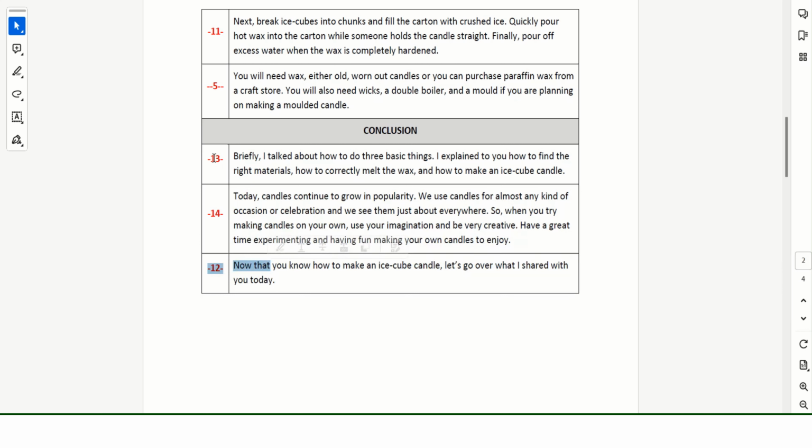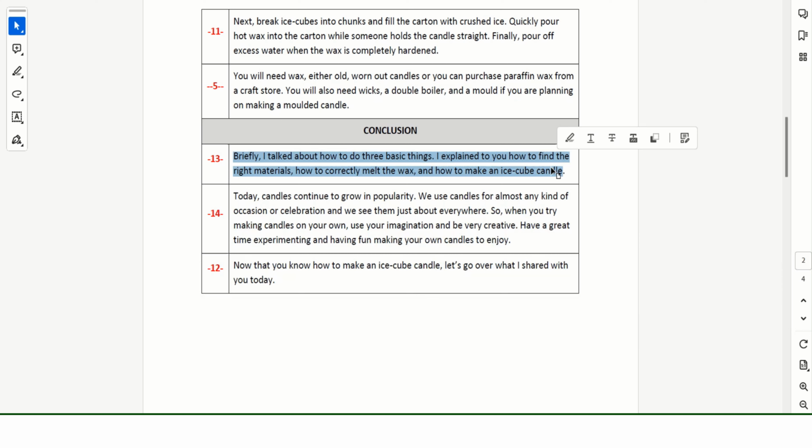Let's have a look at number 13 here. Briefly, I talk about how to do 3 basic things. I explain to you how to find the right materials, how to correctly melt the wax, and how to make an ice cube candle. So you have the indicator part whereby you tell about what you have covered, and then you move on to the explanation.